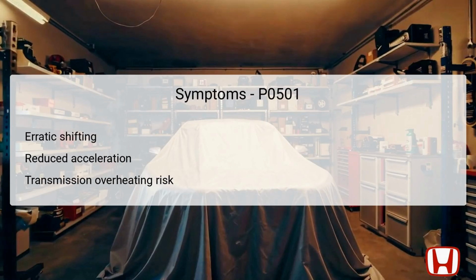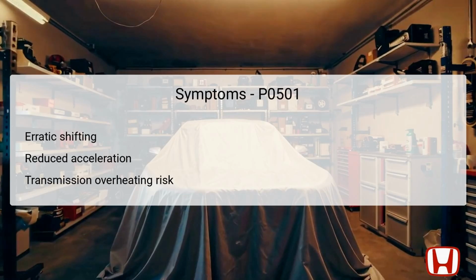The presence of DTC P0501 can manifest a variety of symptoms affecting the overall driving experience. One common symptom is erratic or harsh shifting, where the vehicle may struggle to change gears smoothly, affecting ride comfort. Reduced acceleration could also be noted.